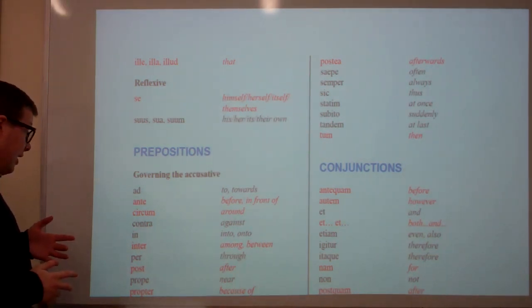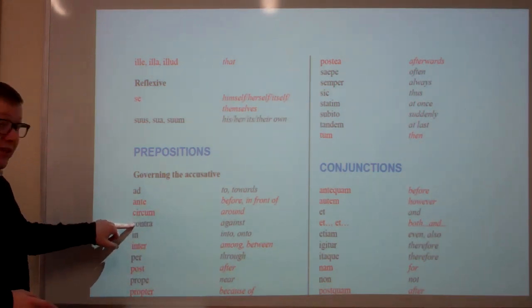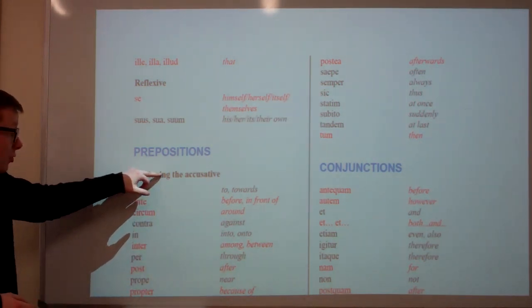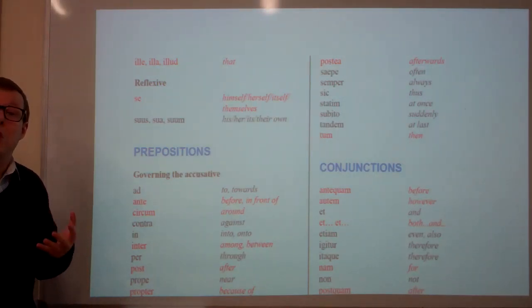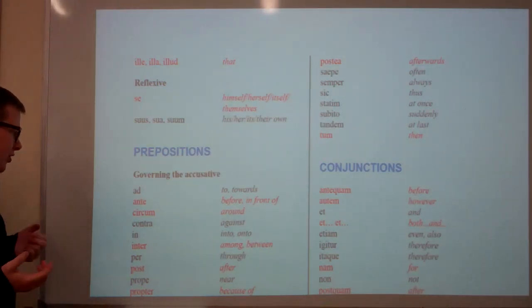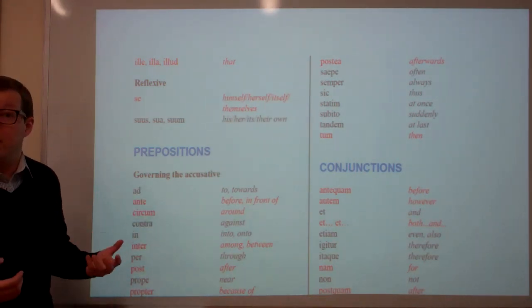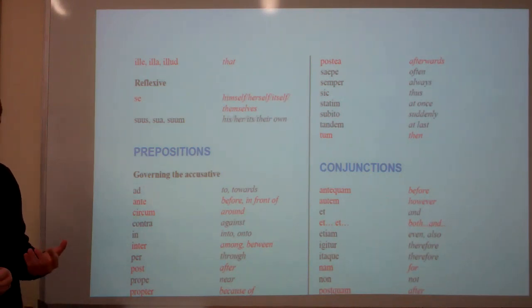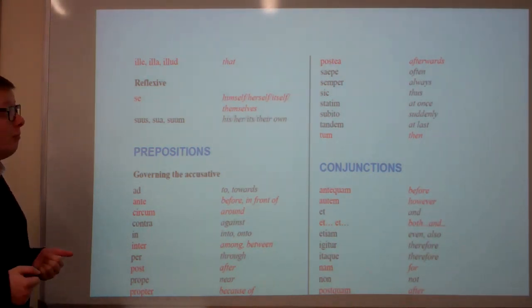So if I say against the troops, contra is against, it governs the accusative case, so troops will be accusative plural, contra copias. Likewise, through the forum. Per means through, forum would have to go into the accusative singular, which, as it's a neuter noun, is just forum.